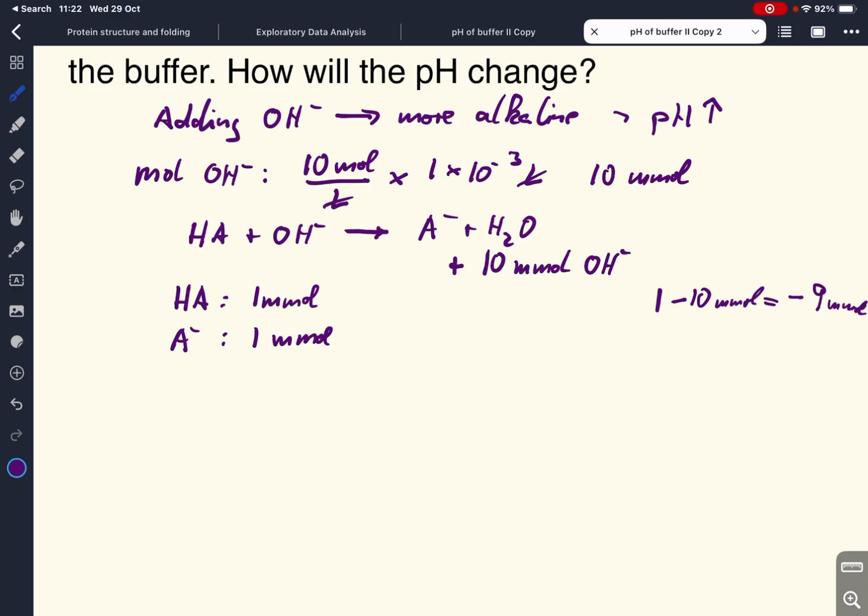But wait a moment, negative 9 millimole doesn't make sense. We can't have a negative concentration or negative amount of the acid. So that's not possible. We couldn't put that into our Henderson-Hasselbalch equation because it's a negative number.